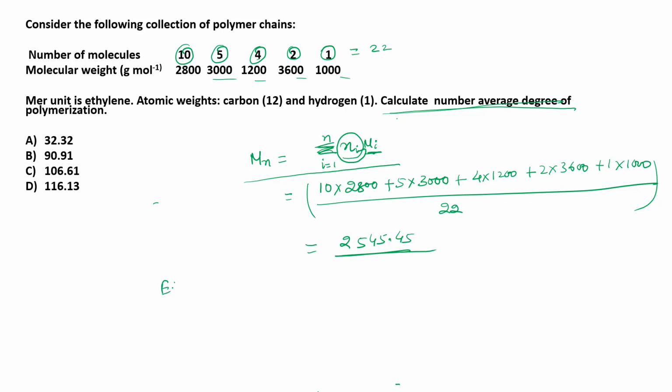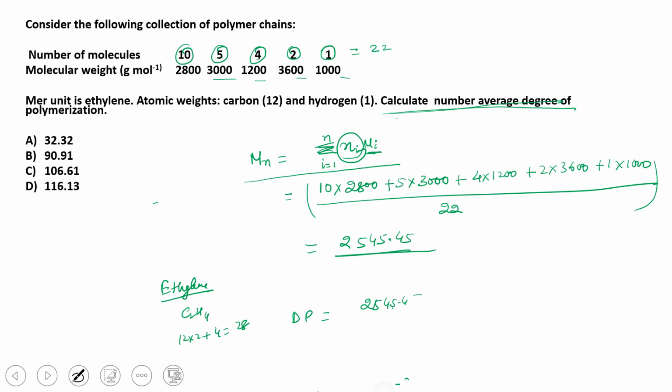And we have this ethylene monomer, right? So the ethylene monomer is C2H4. So it will be 12 into 2 plus 4, so it will be 28. So this DP, the degree of polymerization, will be 2545.45 divided by 28, right?